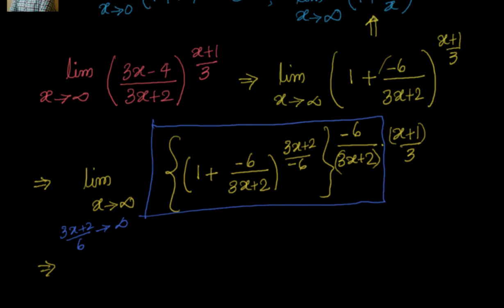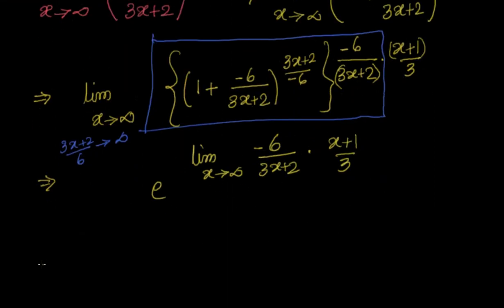So this whole expression will become e now, and I will have e to the power of limit of x tends to infinity. What am I left with? I am left with minus 6 by 3x plus 2 multiplied with x plus 1 divided by 3.